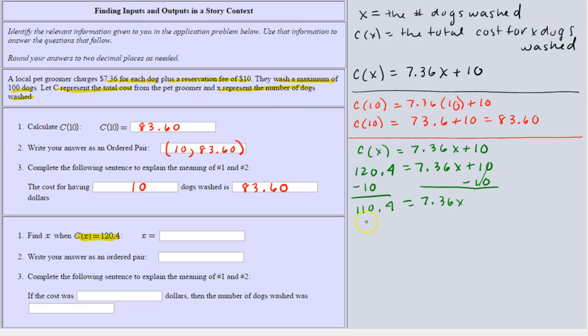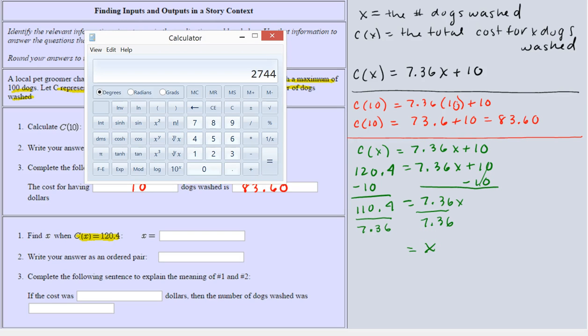And now we know the variable amount, which is 7.36x, or 7.36 per dog, is $110.40. So if we divide both sides by 7.36, we're finding the number of dogs that can be washed for $110.40. Let's do this on the calculator.